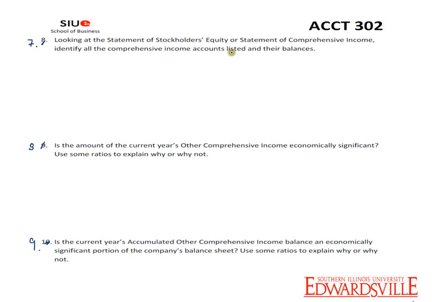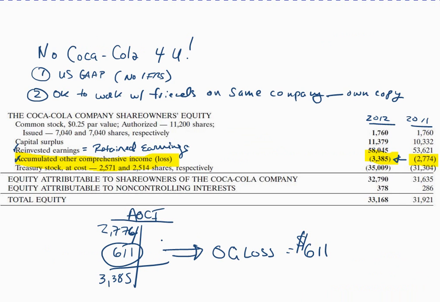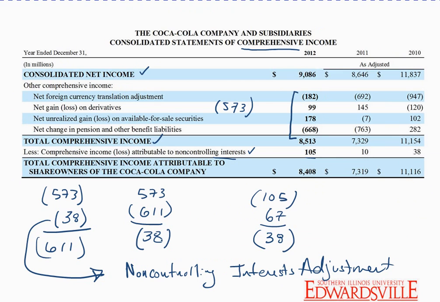So look at the statement of stockholders' equity or comprehensive income statement. Identify all the comprehensive income accounts and other comprehensive income accounts and their balances. Okay, so if we go to this comprehensive income statement, what it's talking about are all these components of OCI.